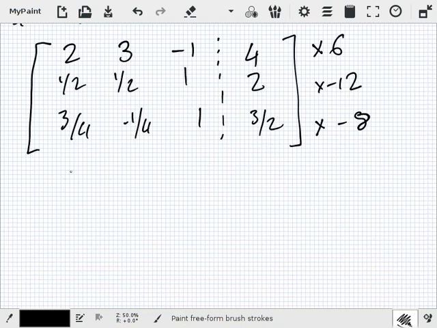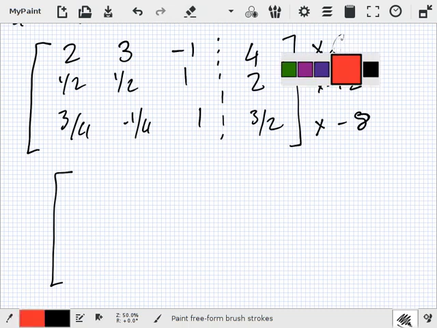So if I multiply the top one by 6, what do I get? 12, 18, minus 6, 4. Then I multiply the next one by minus 12, what do I get? Minus 6? Oh, sorry. I said 6 here. Bad teacher. Should have said 3.